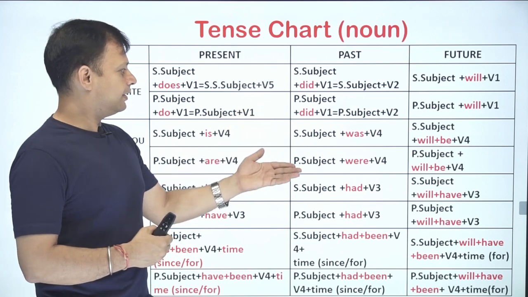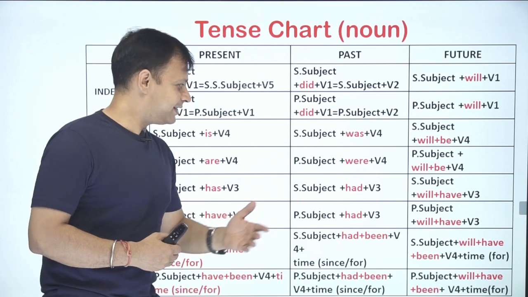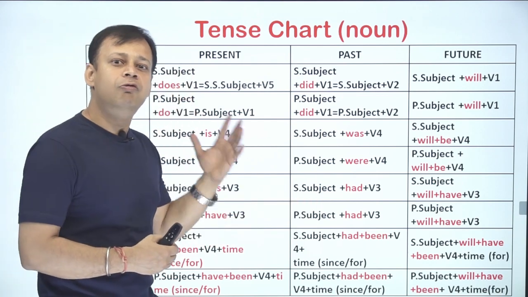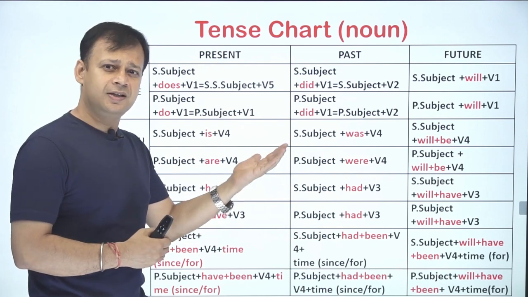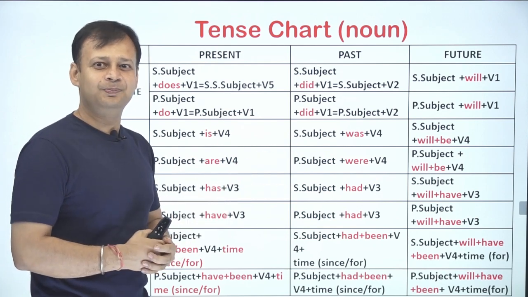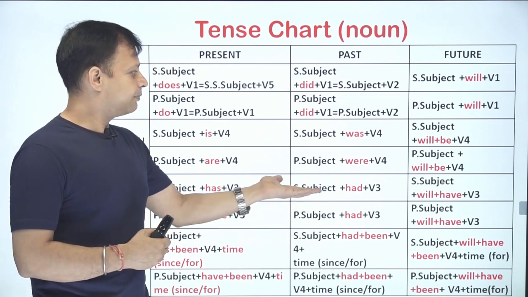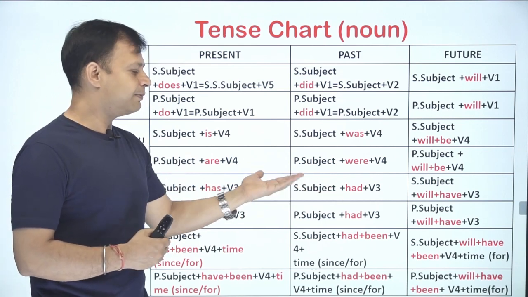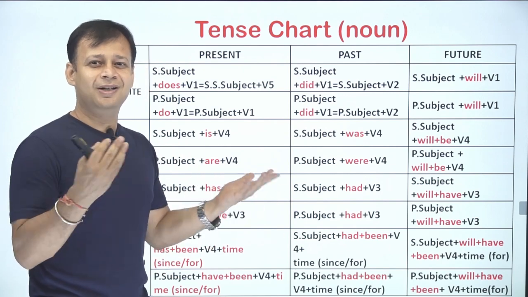As we look at the perfect tense, once again change of tense. So since the tense has changed, we have the helping verb will plus have over here, and will have can be used both with singular and plural subject. As we move to the perfect continuous tense, singular subject plus will plus have plus been plus V4 plus time. So the structure becomes very lengthy.